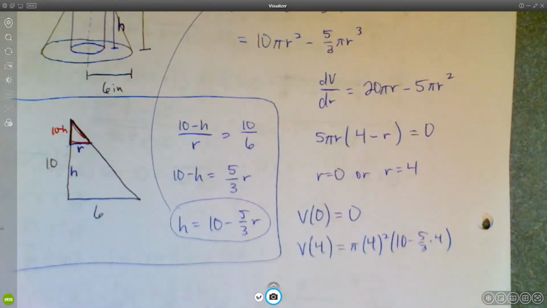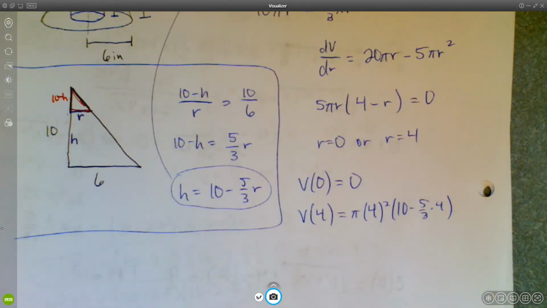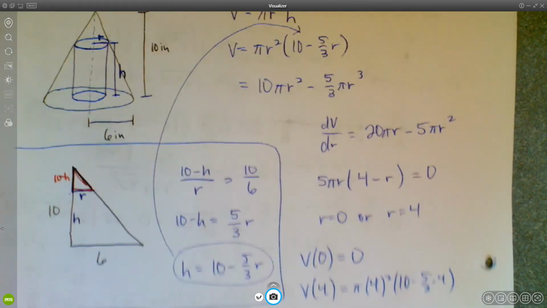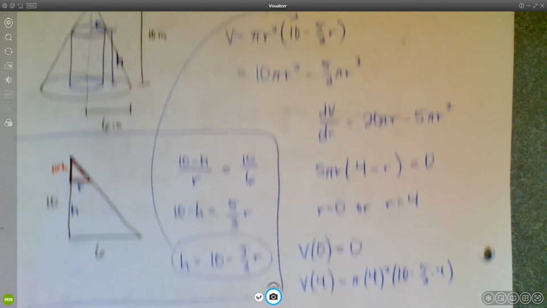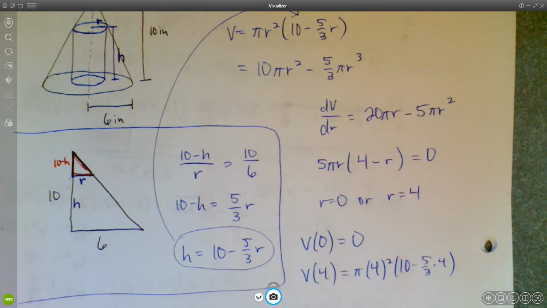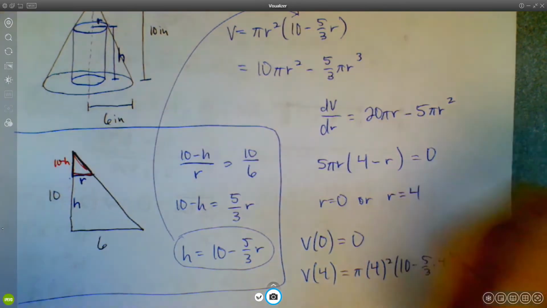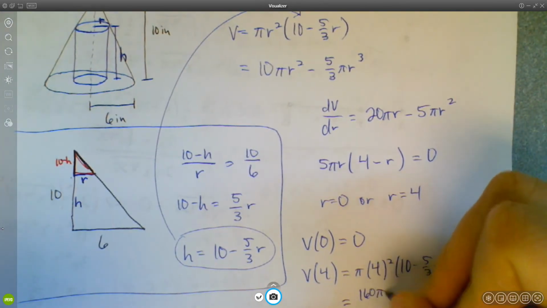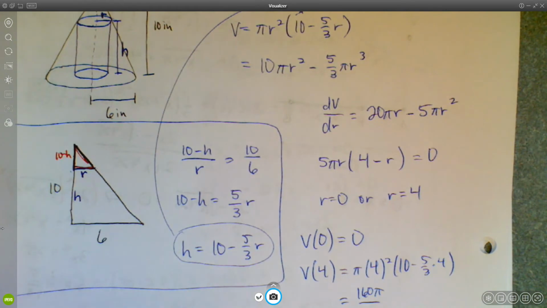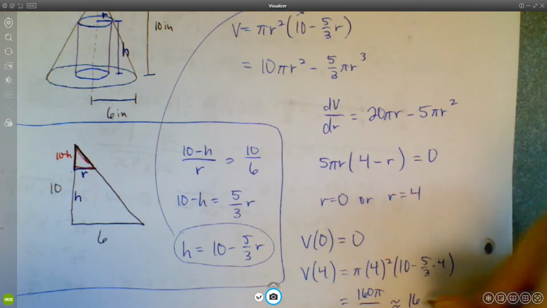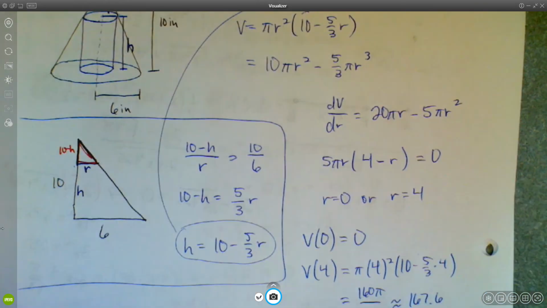Let's see about how much that is. Yeah, okay, sorry. So 16 pi times 10 minus 20/3, we'll say. So that's 160 pi over 3, which is approximately 167.6, we'll say.